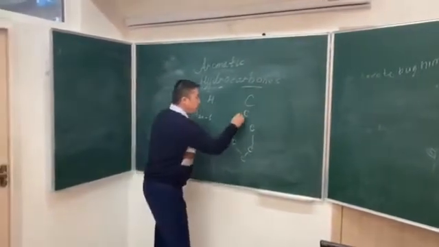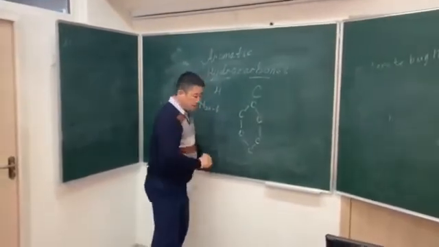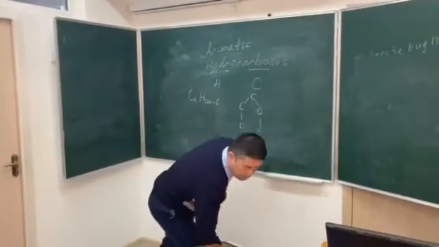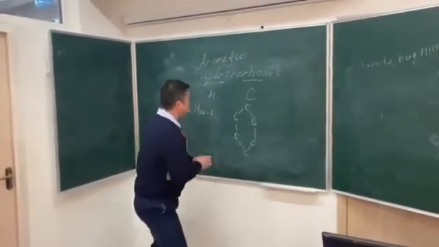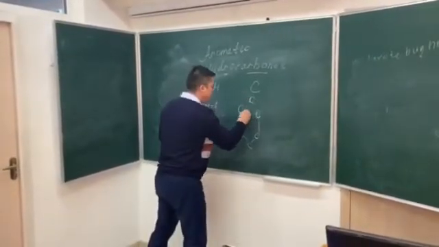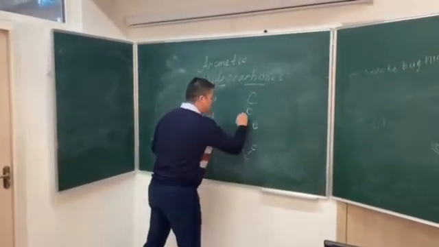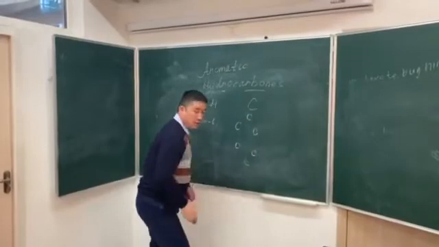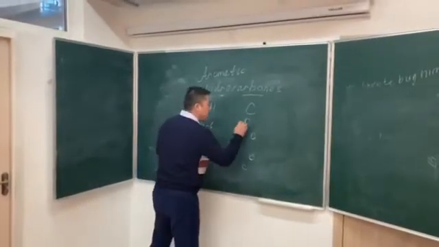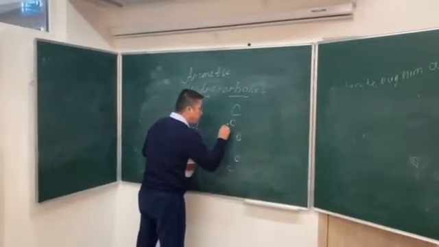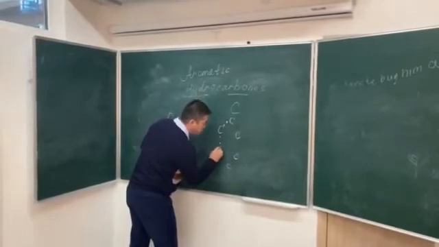Here, I want to draw this bond with points. For example, these are electrons. These are also electrons.